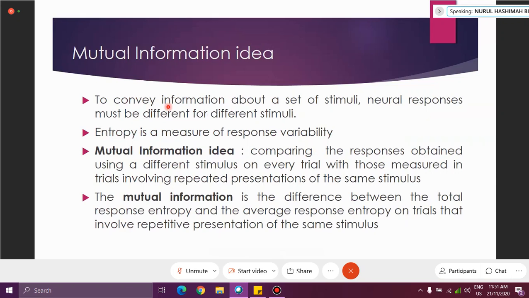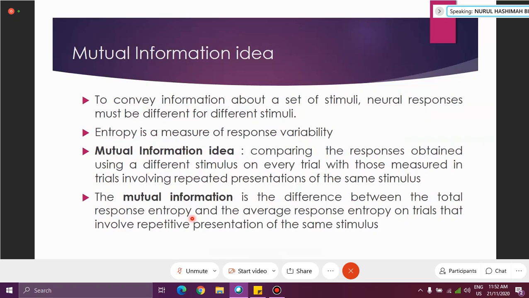Then you let the monkey look at a number of pictures: banana, apple, pear, and so on. And then you decode: you take the representation when the banana appears, when the apple appears. You compare it to the representation you got earlier, when you showed only apple, apple, apple. So that's the mutual information idea.